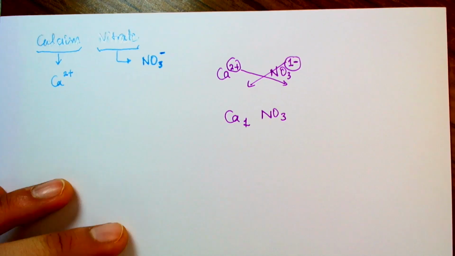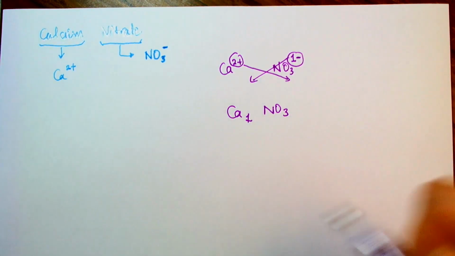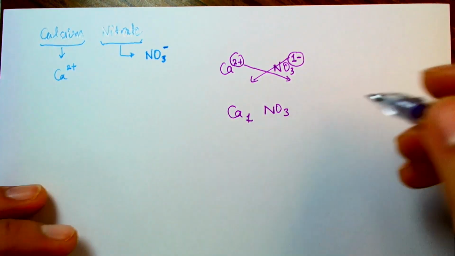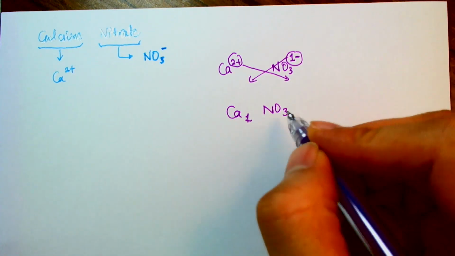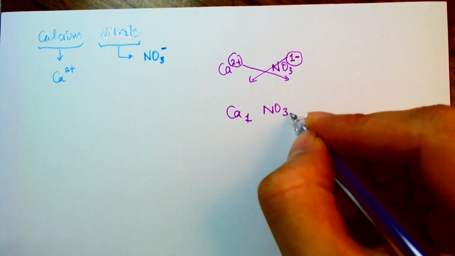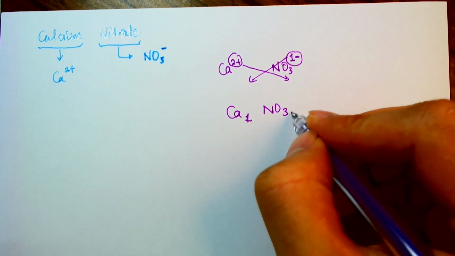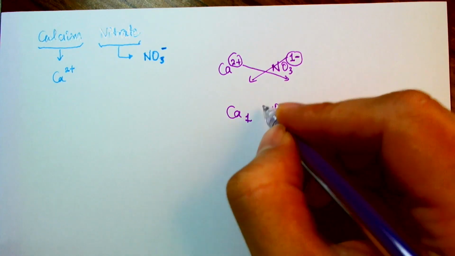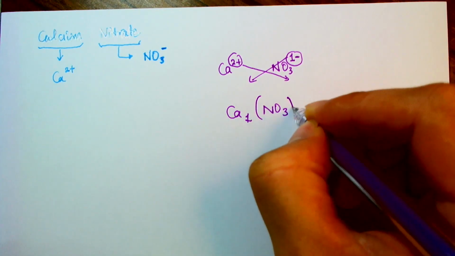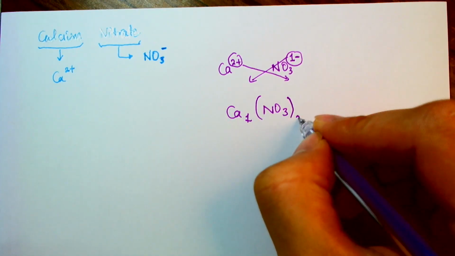Now we have to be careful because the nitrate goes together, and I want to make sure that the 2 refers to the whole nitrate. If I were to put a 2 down here, we might get confused and think that it refers only to the oxygen. So I'm going to put parentheses around nitrate and put a 2 out here.